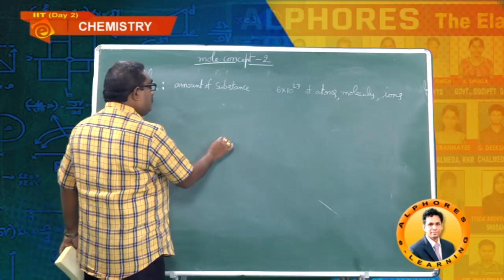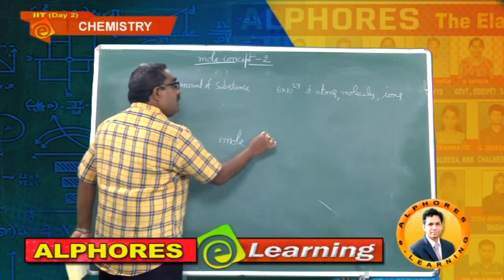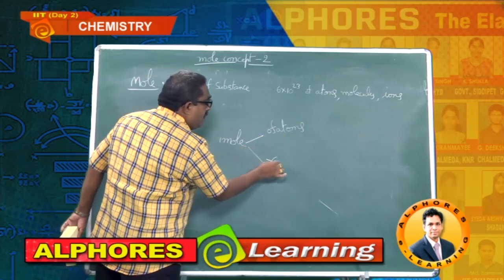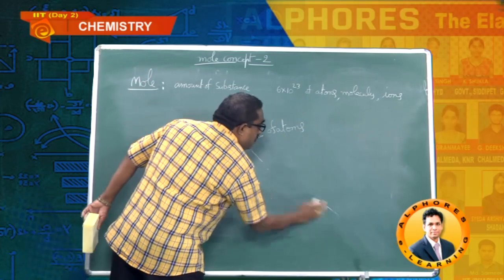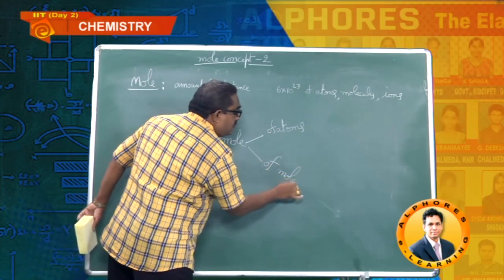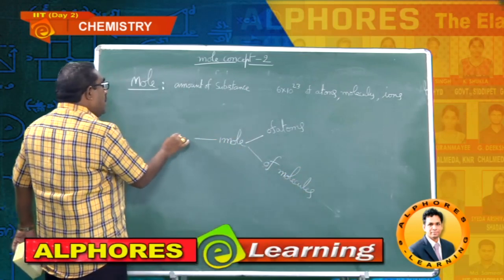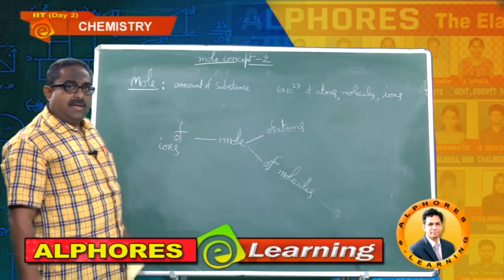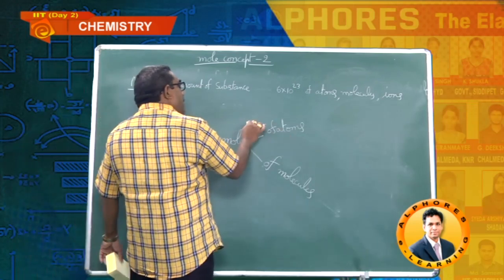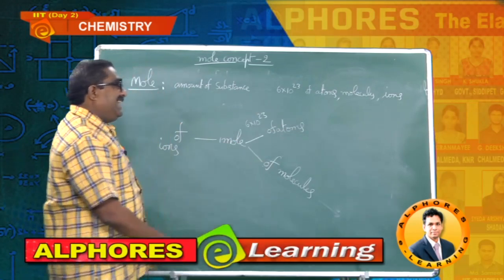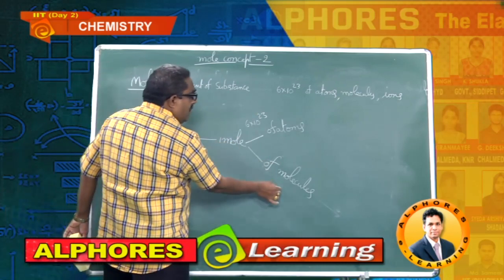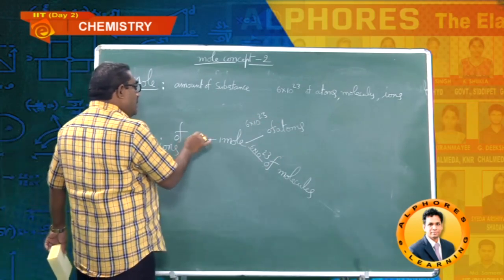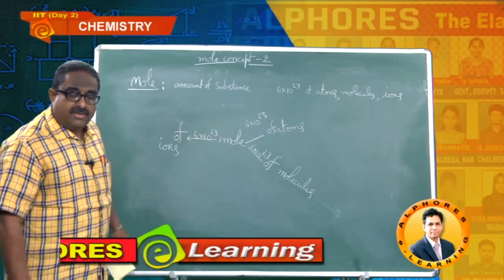You concentrate. 1 mole of atoms, 1 mole of molecules, 1 mole of ions. 1 mole of atoms means 6 into 10 power 23 atoms. 1 mole of molecules means 6 into 10 power 23 molecules. 1 mole of ions means 6 into 10 power 23 ions.